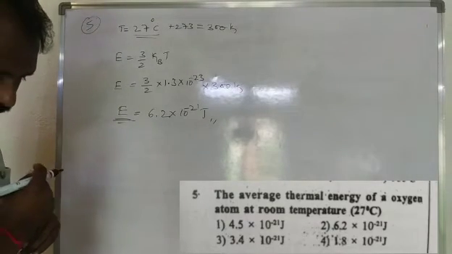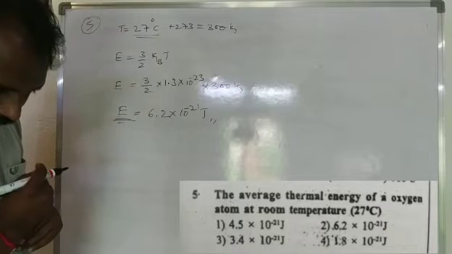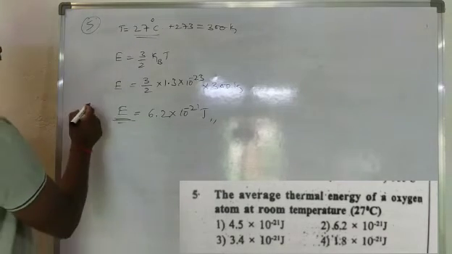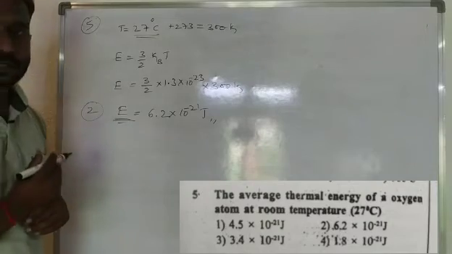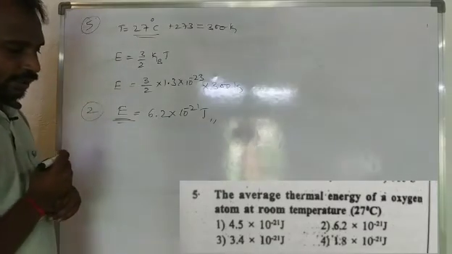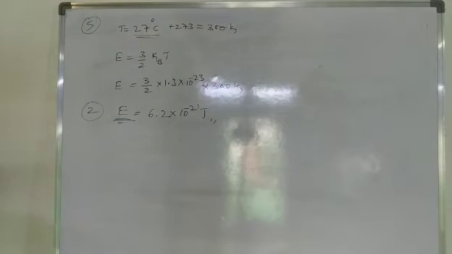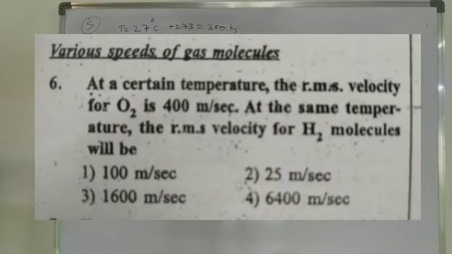Which one is correct in that option? 6.2, so the second option is the correct one. And next problem: at a certain temperature the RMS velocity of O2 is 400 meter per second. At the same temperature, the RMS velocity of H2 molecules will be?